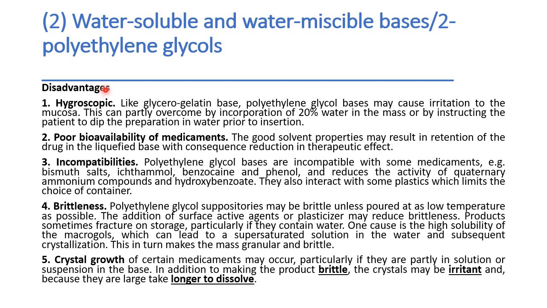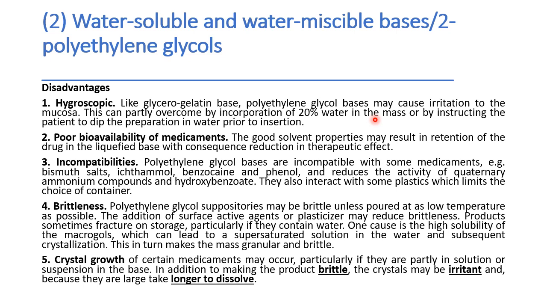The drawbacks of the use of polyethylene glycol bases in the formulation of suppositories. Number one, hygroscopicity. Just like glycerogelatin base, polyethylene glycol bases can cause irritation because of the hygroscopic property. This can be overcome or reduced by the addition of water at 20% to the formulation of the suppository.